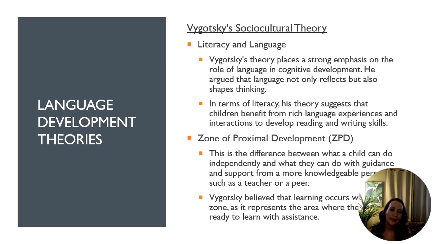So in Vygotsky's sociocultural theory, in this context, it suggests that Ella's language and literacy development are enhanced when she interacts with someone who is more knowledgeable as she gains insight and as she gains more strategies and skills that she wouldn't have developed on her own.